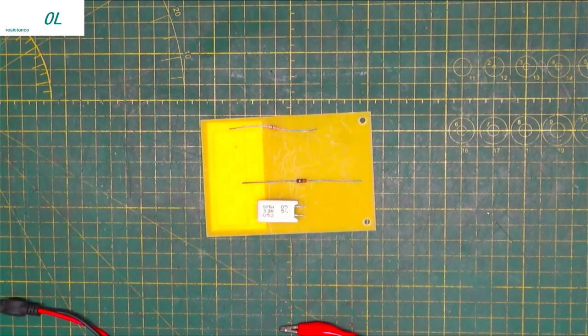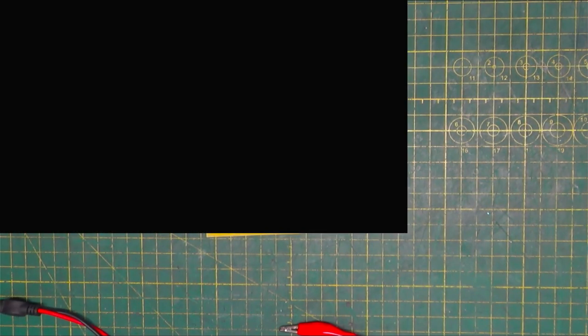And my spectrum analyzer, which I'll bring up here right now and show you. All right.